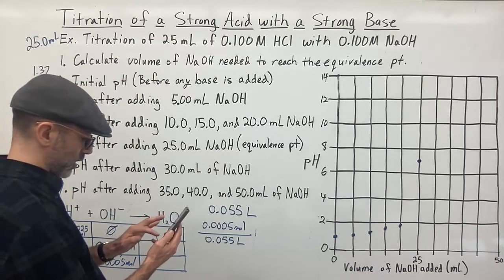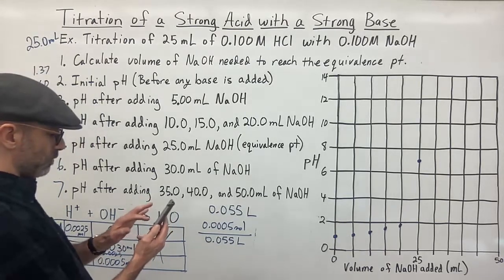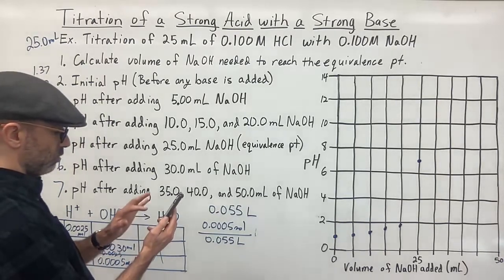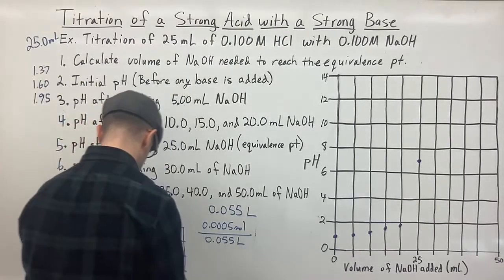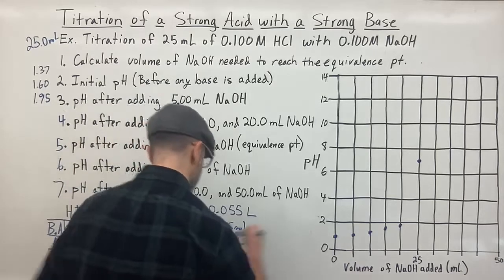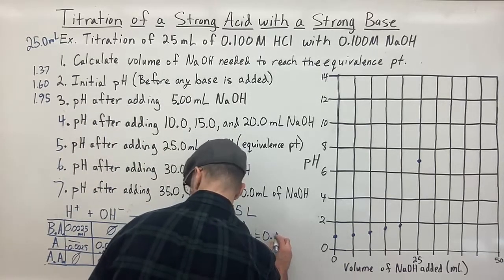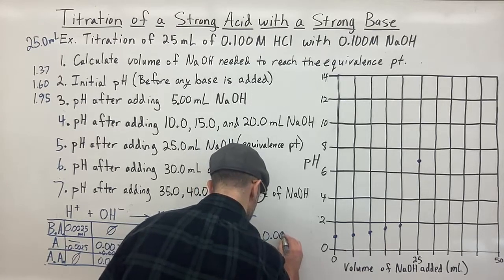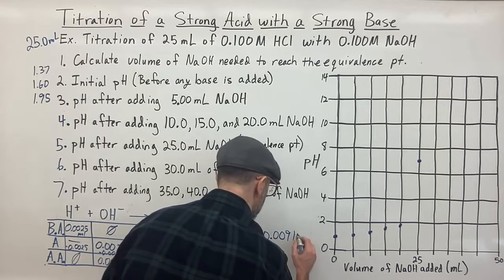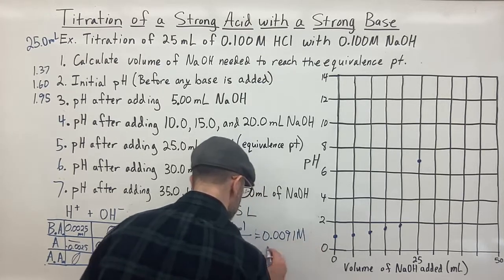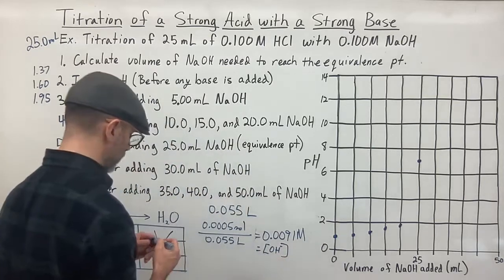So 0.0005 divided by 0.055 equals, and therefore the concentration of OH minus is 0.0091 molar.